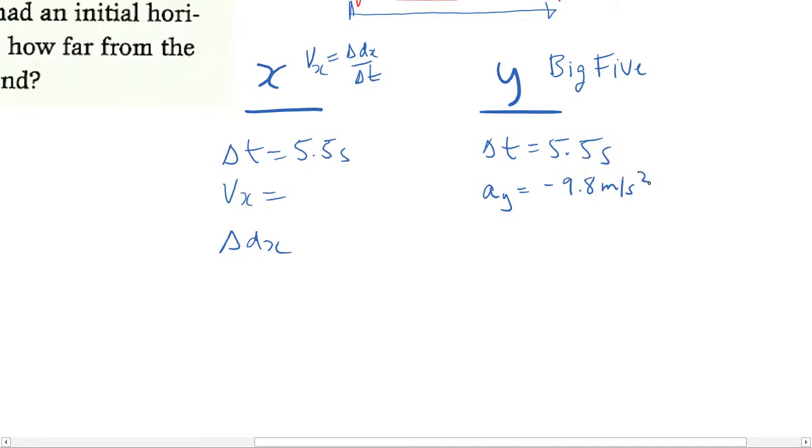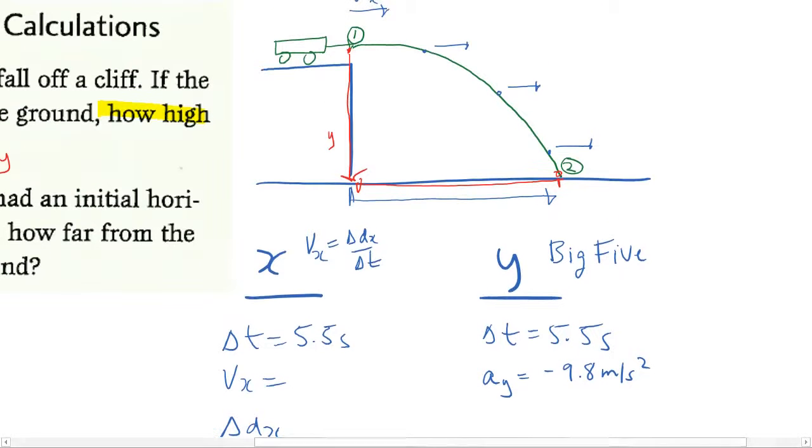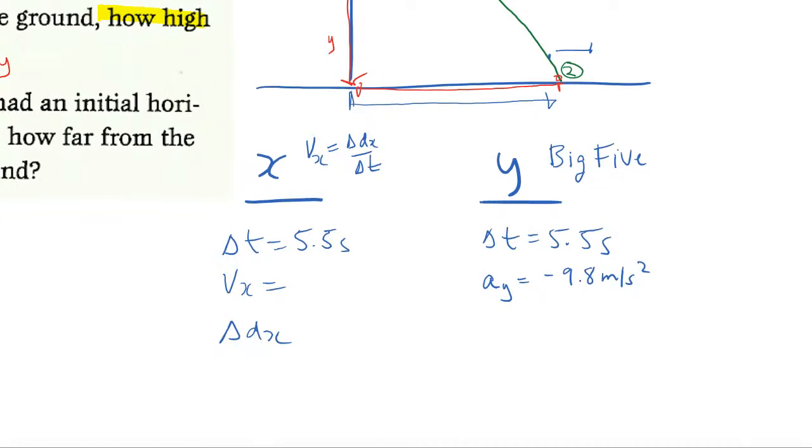So unless it says that it's not on Earth or something, you can go for that 9.8 meters per second squared. Now, when the car is traveling horizontally and it goes off the cliff, the initial vertical velocity is going to be 0. So to begin with up here, vy1 is equal to 0 meters per second.